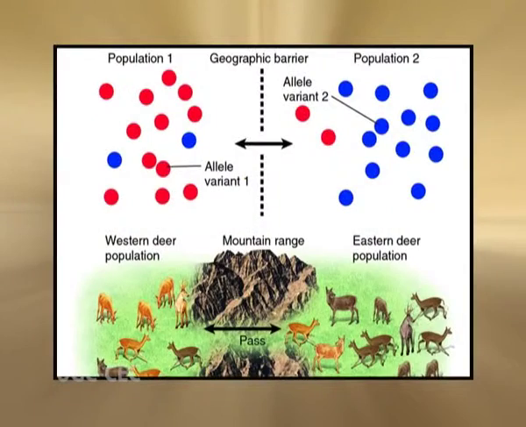For example, if two populations of a deer species are separated by a mountain range, on rare occasions a few deer from the western population travel through a narrow pass and become members of the eastern population, thereby changing some of the allele frequencies in the population and promoting gene flow.